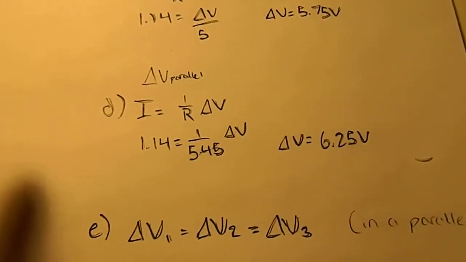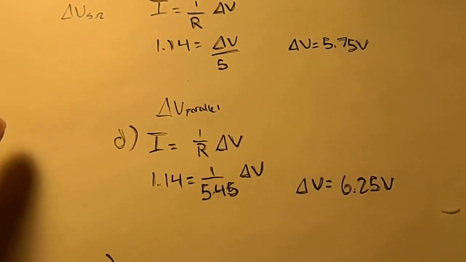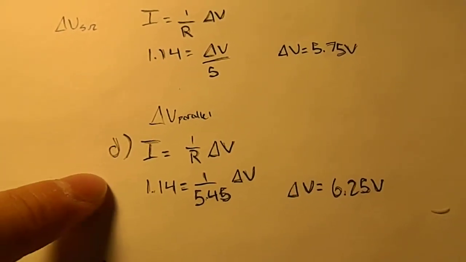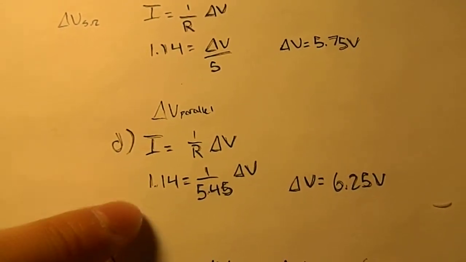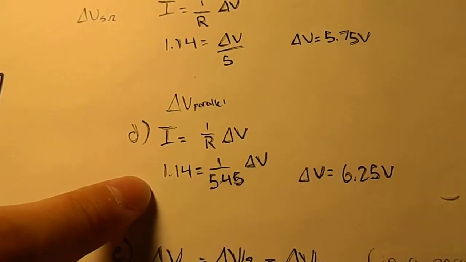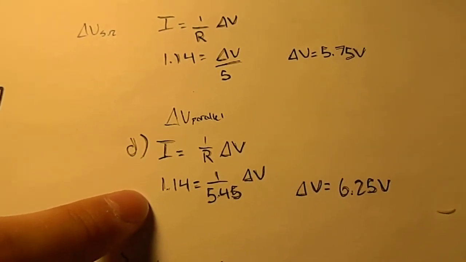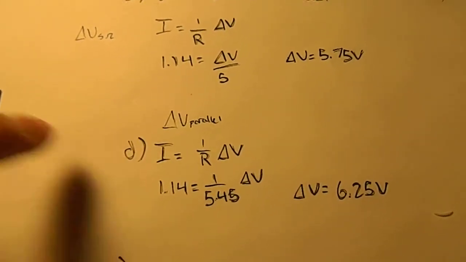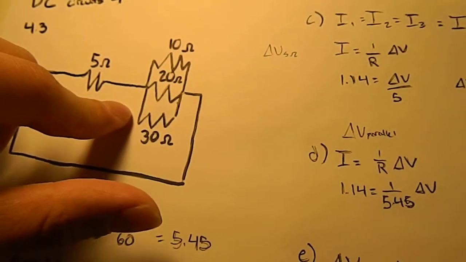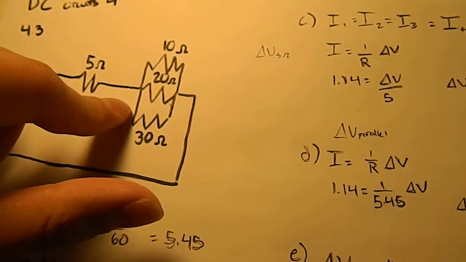In part D, it asks you to find the change in volts in the parallel circuit. Again, you would use the same equation, and you would also use 1.14 here as your current, because this parallel circuit together acts like a series circuit.